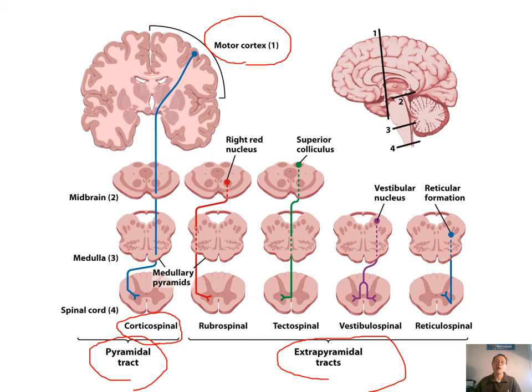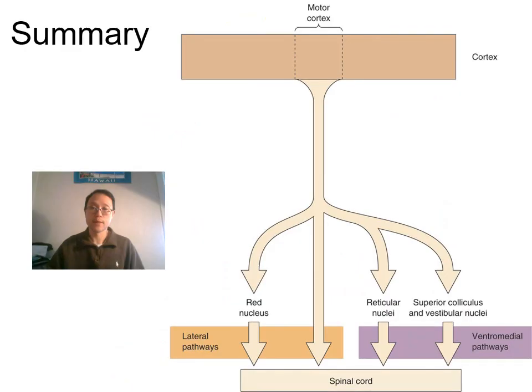So this is why they're called the extrapyramidal tract. Everything other than the corticospinal tract is called the extrapyramidal tract. This is the summary that tells you what is going on when it comes to motor control and how it forms the later tracts.